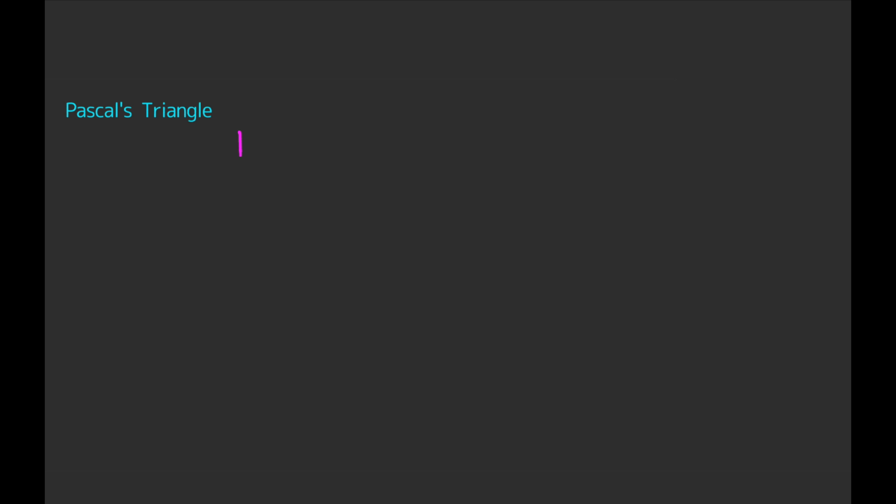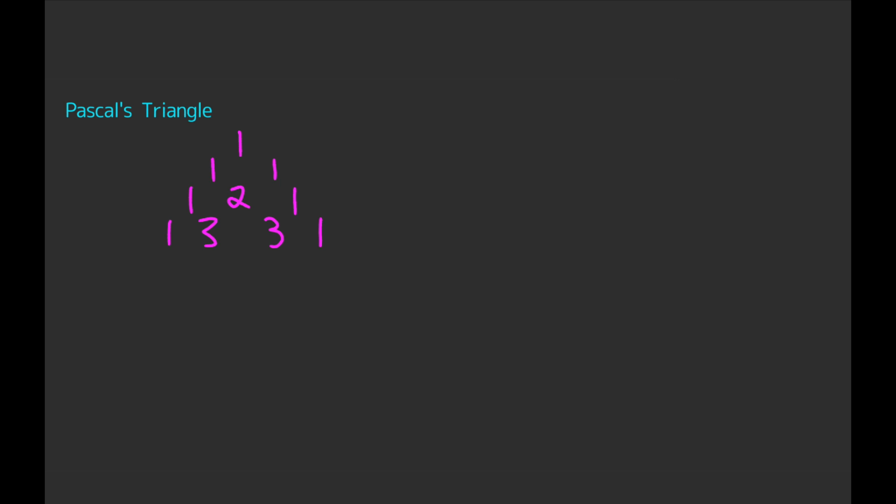So our top number is 1, our diagonals are 1, and right here, we are going to add those 1s to make 2. And we just keep doing that. So we add 1s on our very outermost sides, and we add the top two numbers like that.